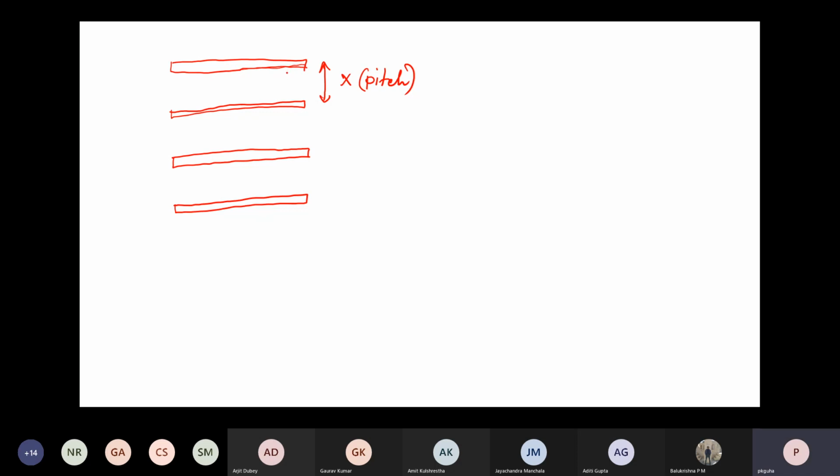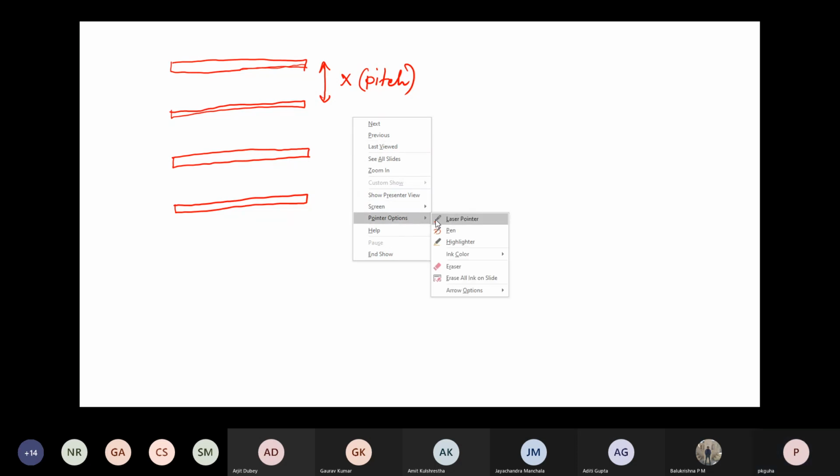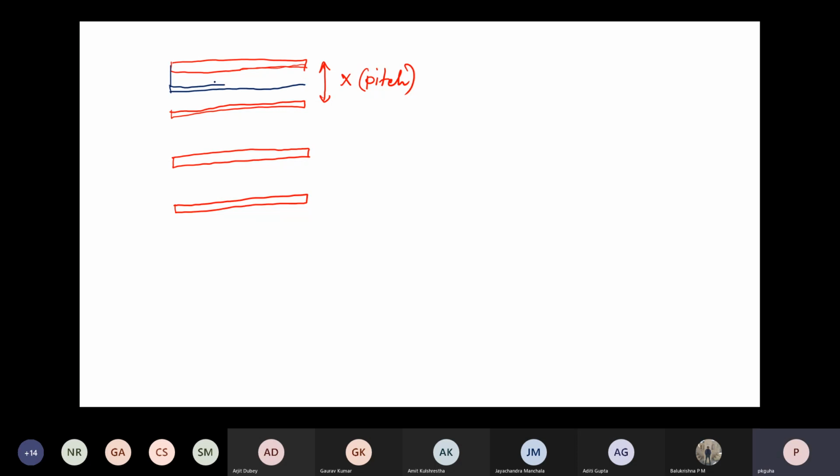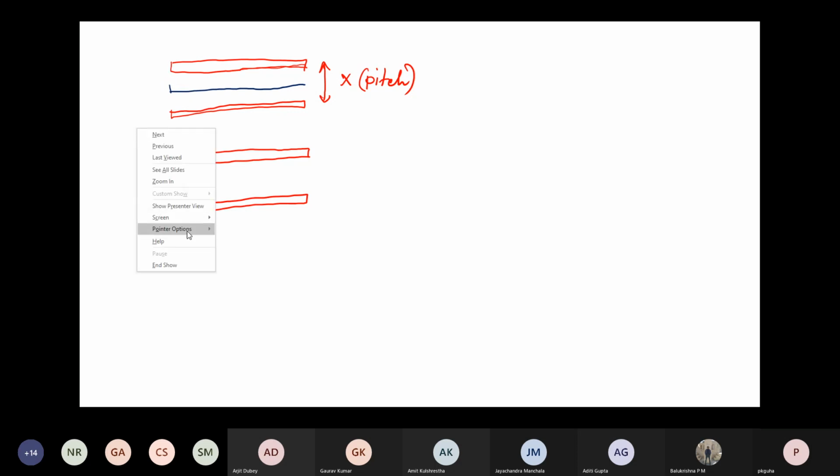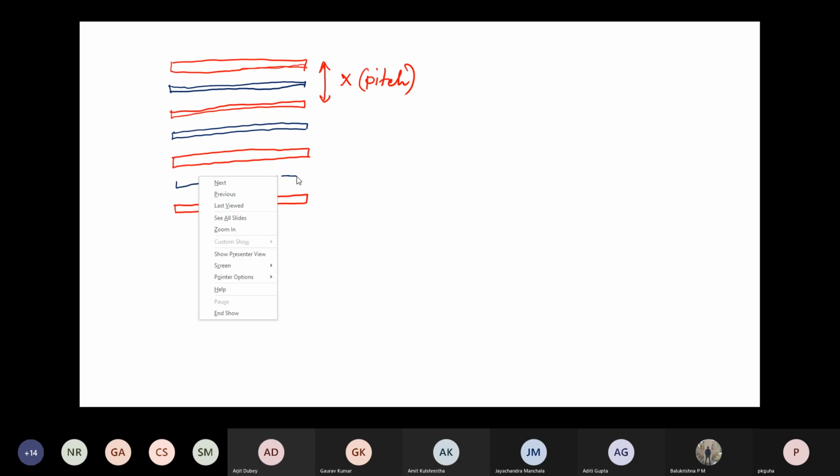Now what we can do, we can overlay lines.